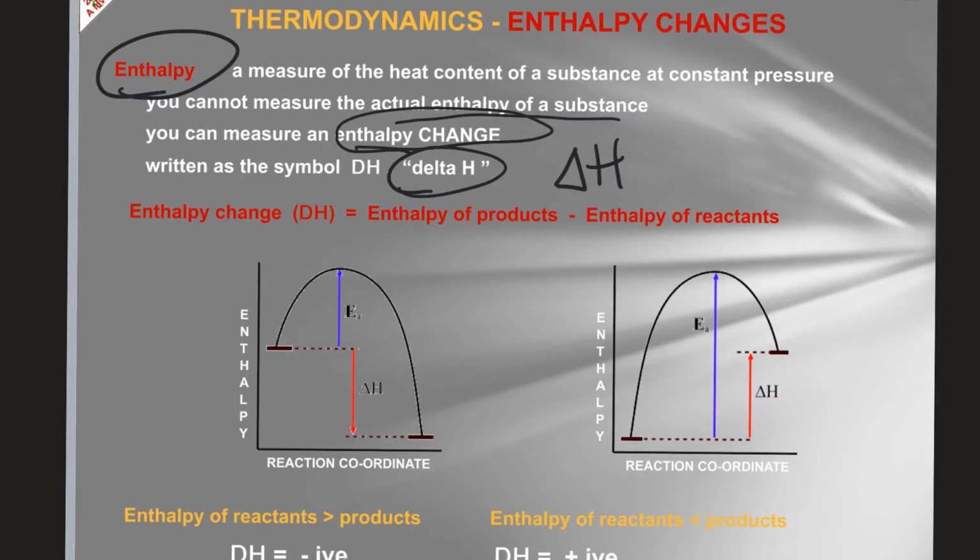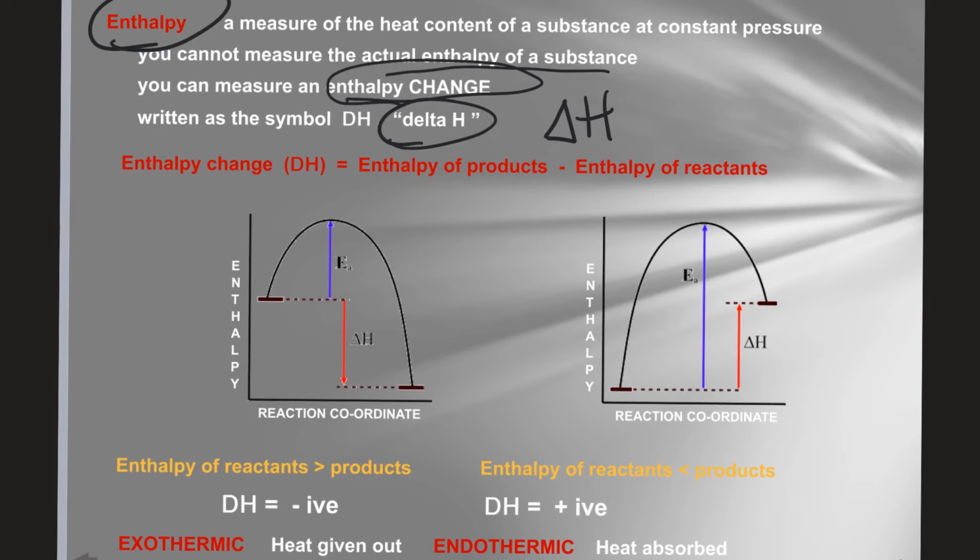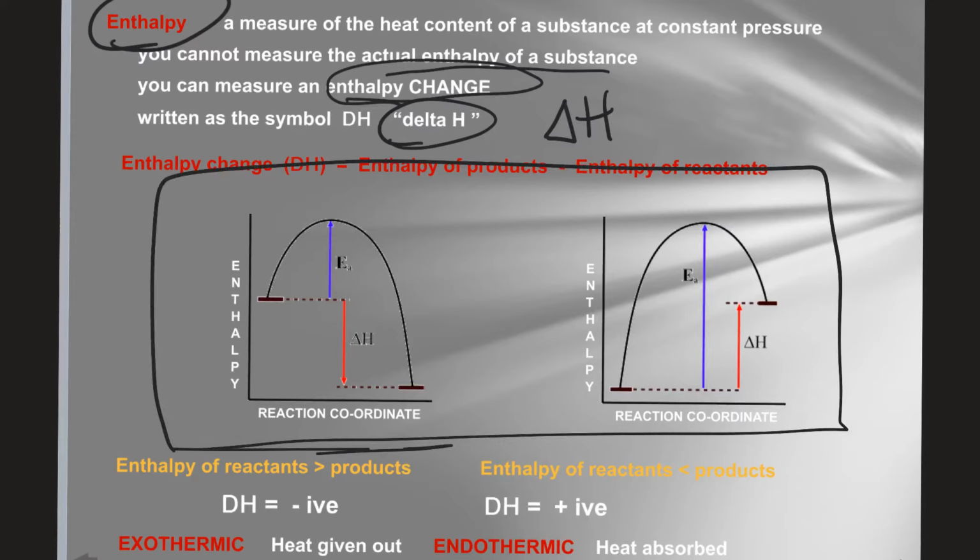Now, when we look at it using an energy profile graph like I'm showing you here, if you have an exothermic process, the change of enthalpy is going to be negative because it lost energy.